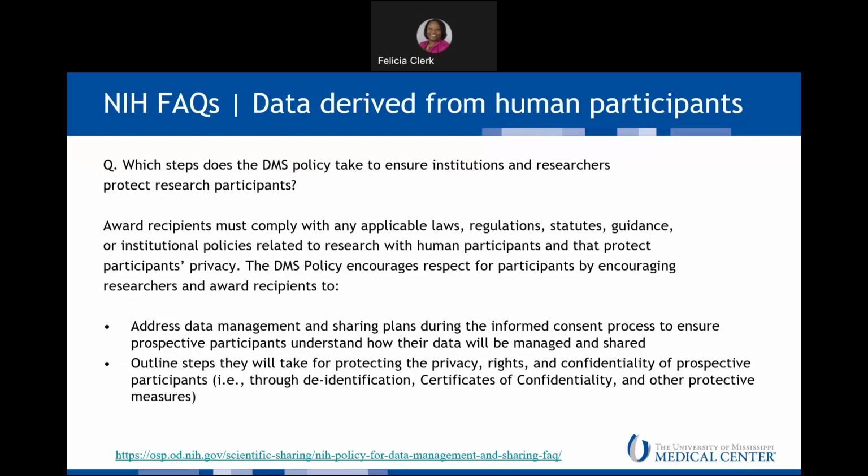We're also going to adhere to the institutional policies here regarding data sharing to protect participants' privacy. The DMSP encourages respect for participants by encouraging researchers and award recipients to address any data management and sharing plans during the informed consent process to ensure prospective participants understand how their data will be managed and shared.